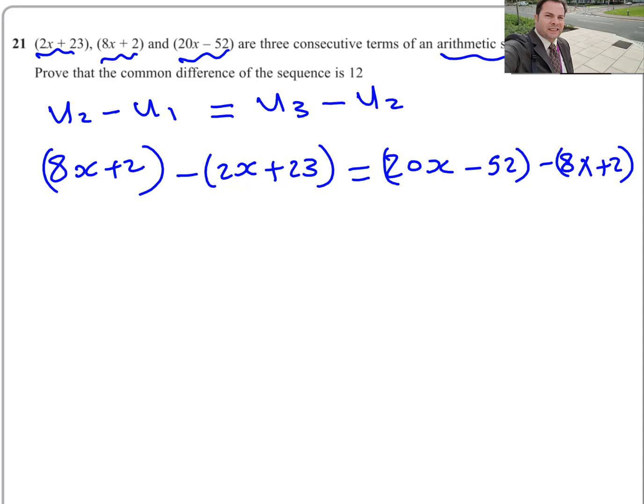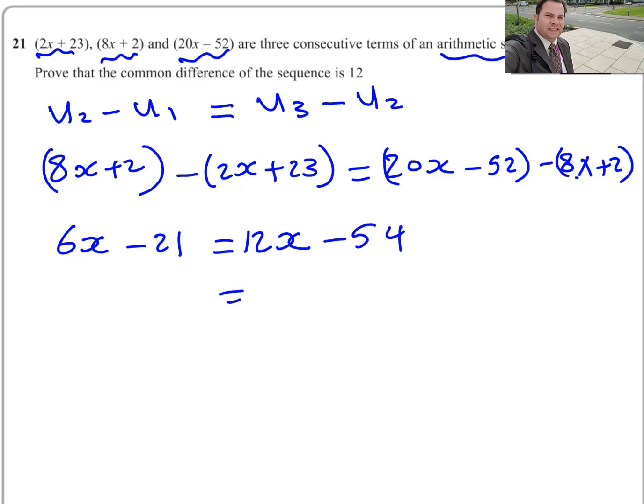Simplify. 8x minus 2x is 6x. 2 minus 23 is negative 21. Equals 20x minus 8x is 12x. Minus 52 minus 2 is minus 54.